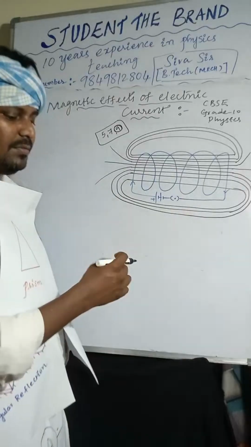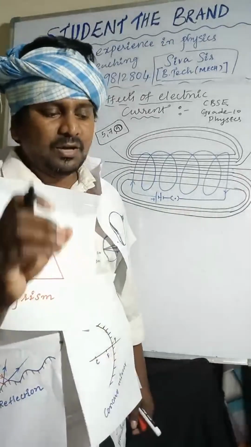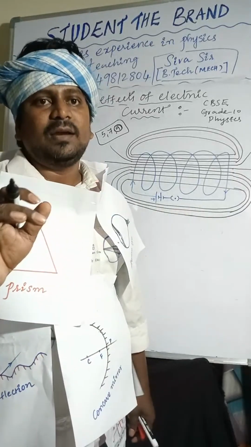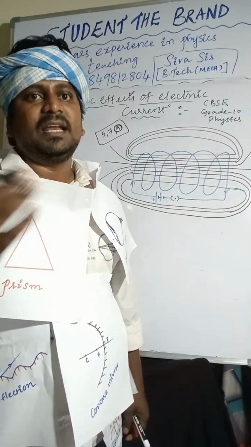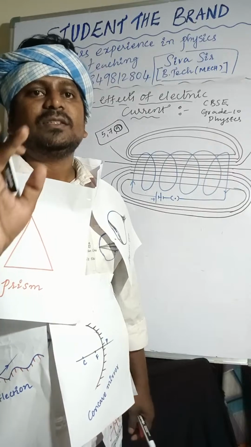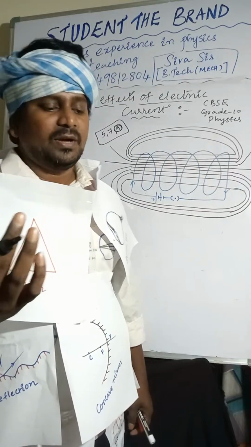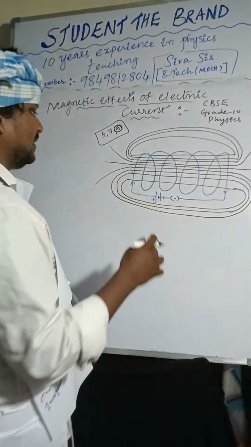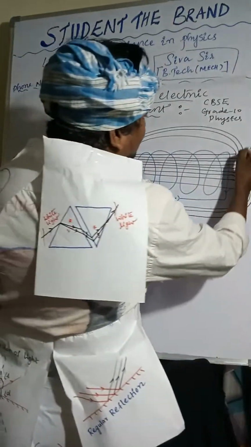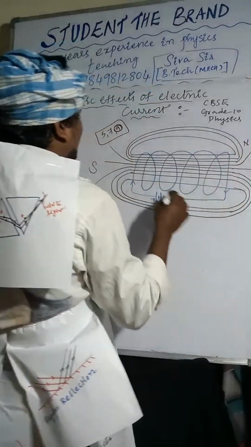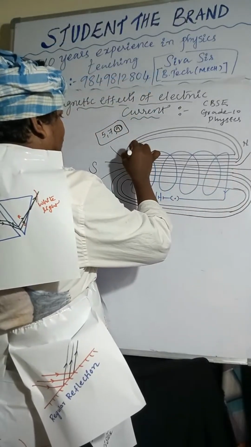One point I will tell you to remember the magnetic field, in which direction we have to consider it. For remembering sake, if the current is passing towards one side, on the other side you take the north pole. Towards this one the magnetic field will be there.